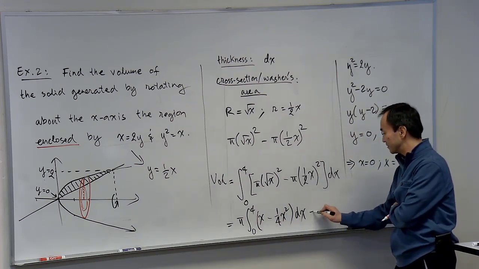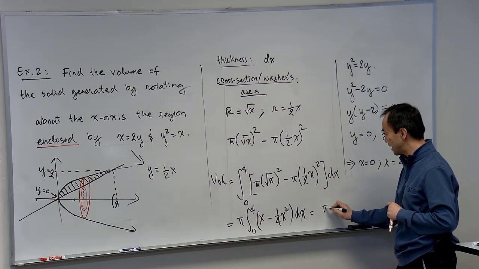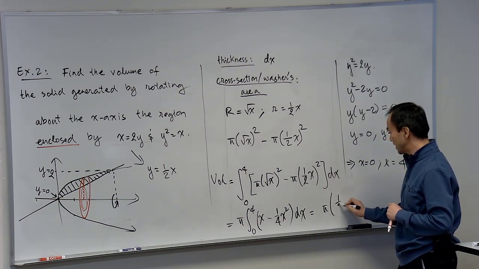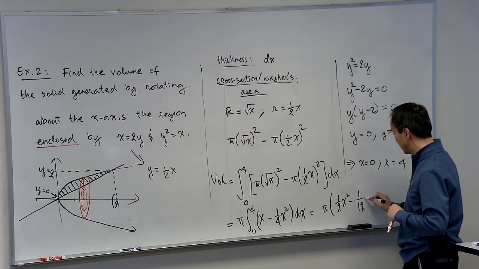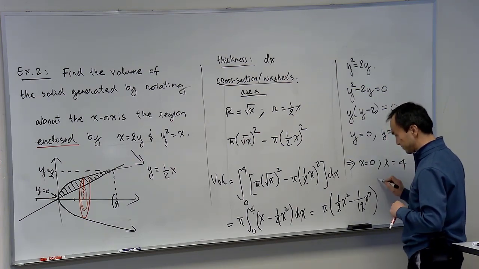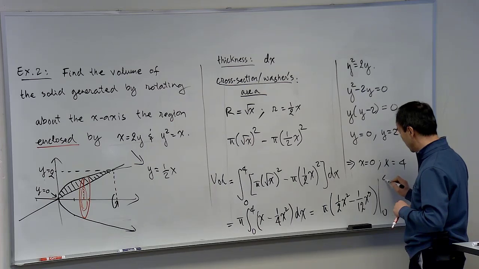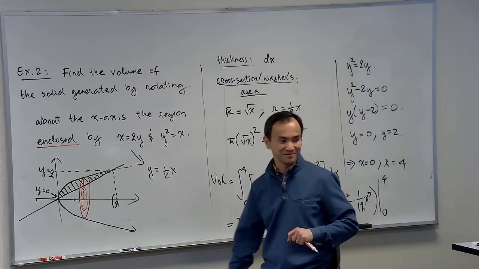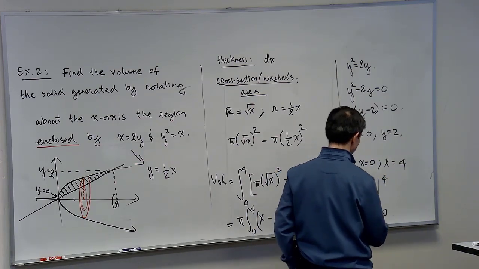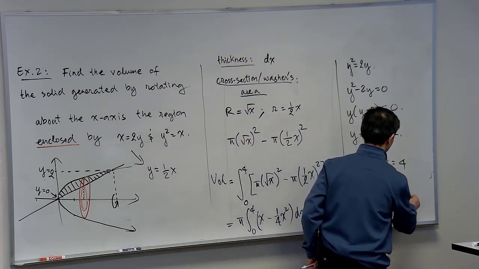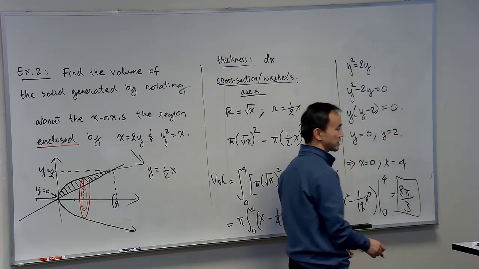The antiderivative gives me pi times 1/2 x squared minus 1/12 x cubed, integrating from 0 to 4. In my calculation, it came out 8 pi over 3. Always double check my calculation.